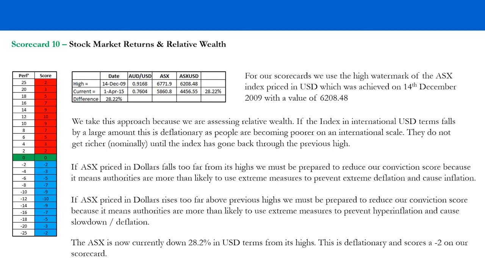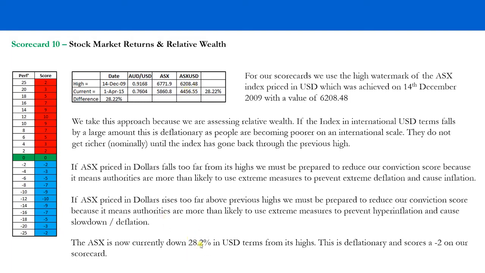However, our case right now is that because in US dollar terms, the Australian stock market has fallen 28% since the high watermark of 14th of December 2009 at 6208, currently trading at 4456.55.